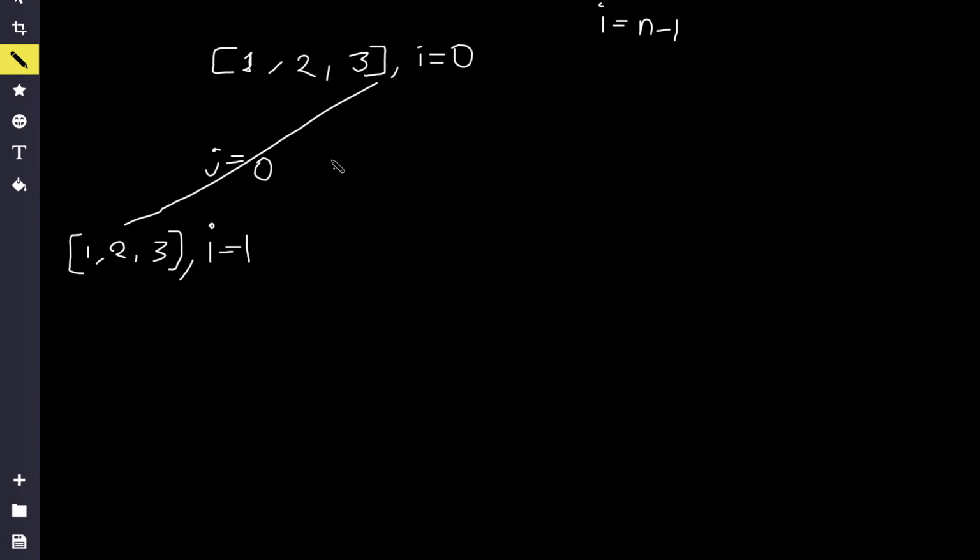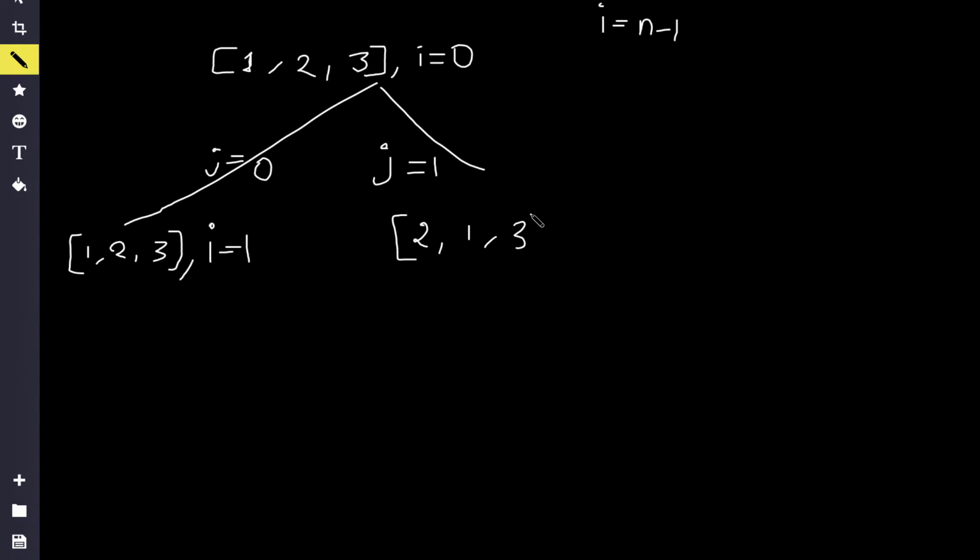Now in the second call, the j will be 1. The for loop will be at the 1st index. Now we will be swapping the 0th index and 1st index, and we will be calling it recursively. Now if we swap the 0th index and 1st index, we will get 2, 1 and 3.